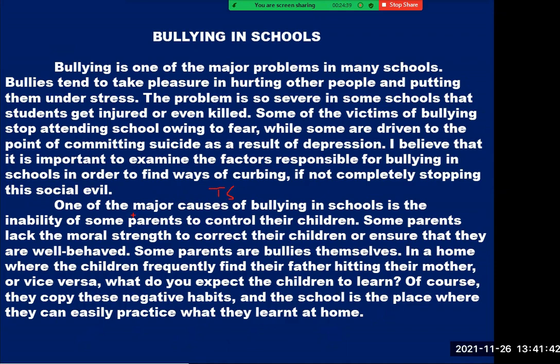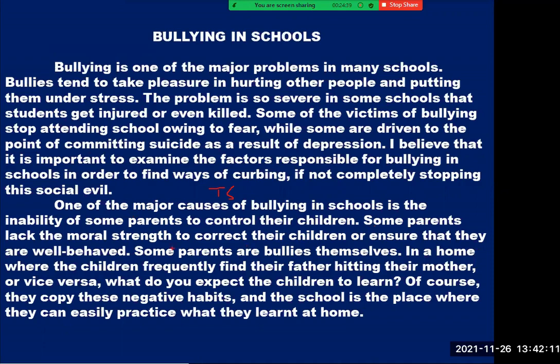And once you have stated your topic sentence, all other things you are going to say in this paragraph will be to support this idea you have already expressed. You are saying that the inability of some parents to control their children is the reason why there is bullying in schools. All right? Then let's now talk about this idea here.